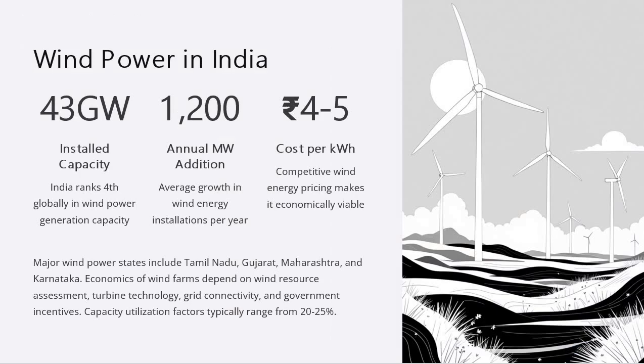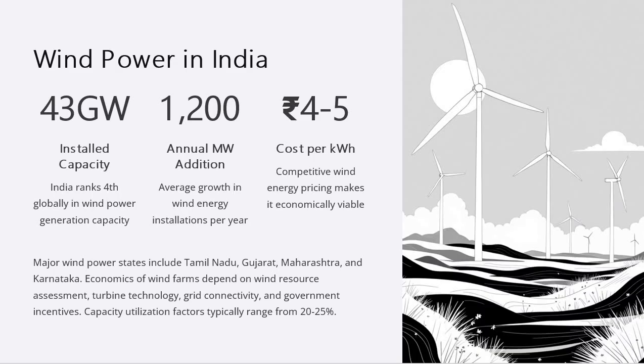Looking at India in wind power technology, we have a capacity of 43 gigawatts and an annual addition of 1200 megawatts. We can produce wind energy at 4 to 5 rupees per unit, which is less than traditional electrical power charges.